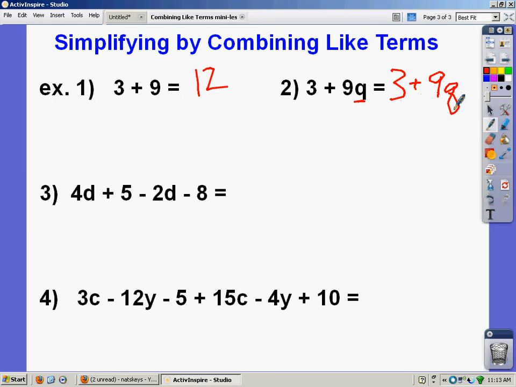Alright, example number 3. Here I have a variable d with negative 2d, and right there is 4d. So I'm allowed to combine those two together. 4d minus 2d would become 2d. Now, what else is left is here I have a constant, and here I have a constant. Make sure you keep the operation, the sign in front of the constant, with that constant.